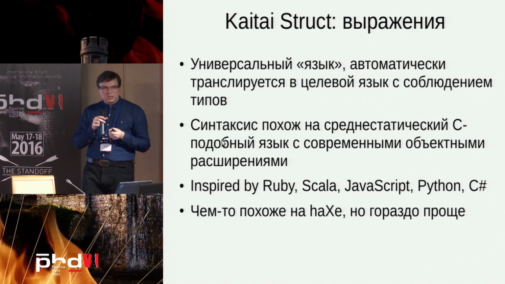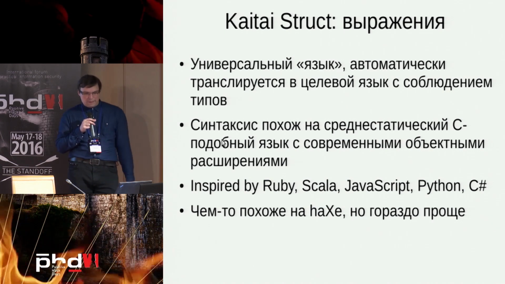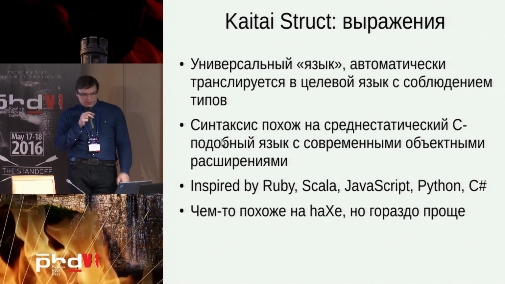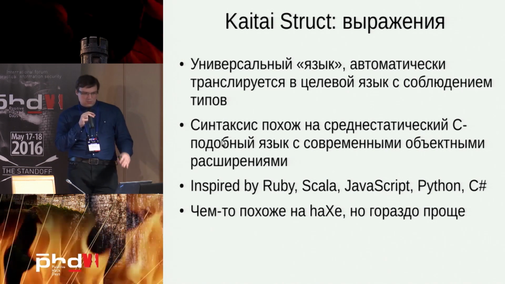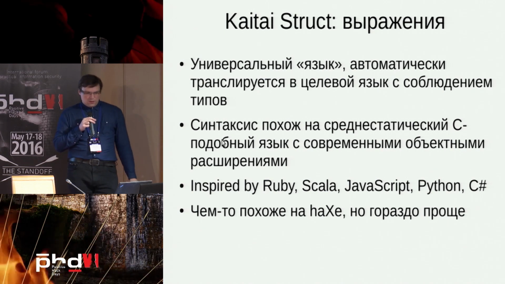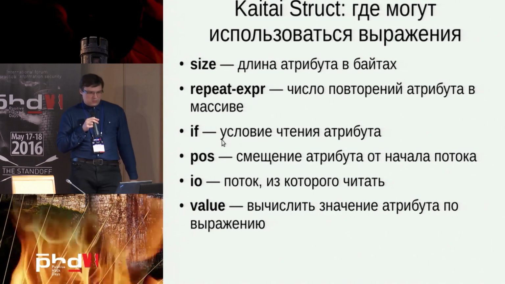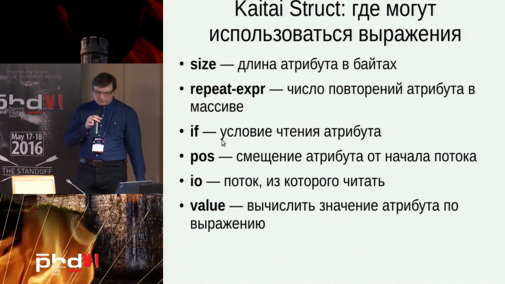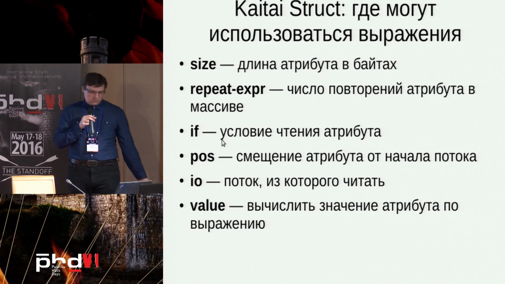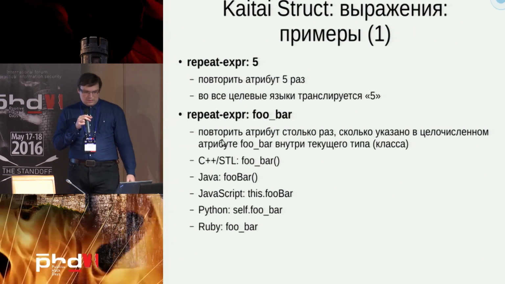A small excursion into the expressions that can be used. Of course, it's a special language that we've introduced inside. It automatically translates into the target language, keeping the types. The syntax is similar to an average C-like language, and it can be used together with such attributes.